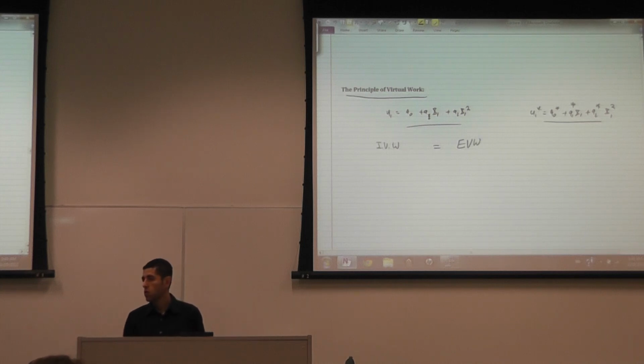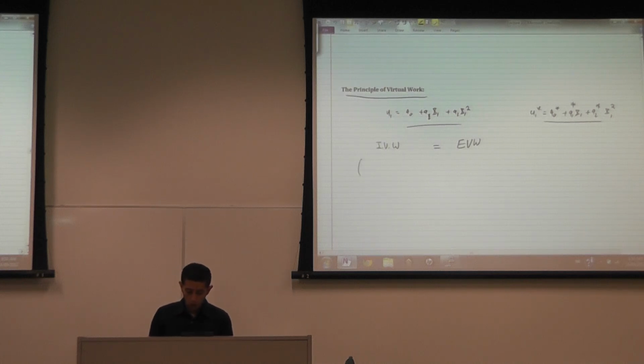Then I equate internal virtual work to the external virtual work. Equating the internal virtual work to the external virtual work, you're going to get a huge expression equal to a huge expression. I'm going to take everything that's multiplied by A naught star here, and everything that's multiplied by A naught star here. This is equal to this. Now A naught star will not appear because of the essential boundary conditions.